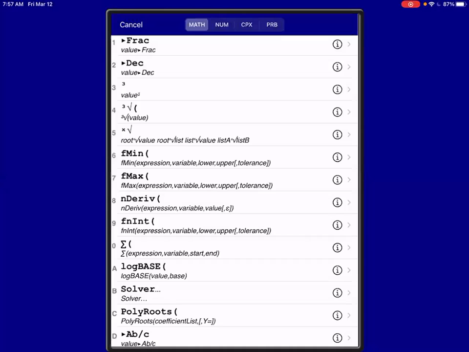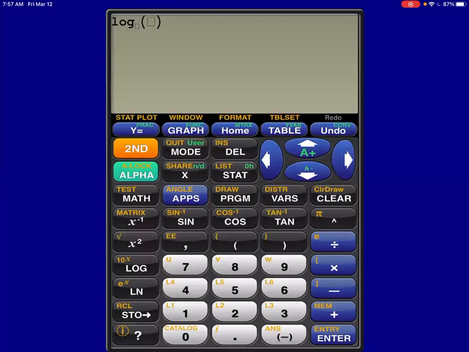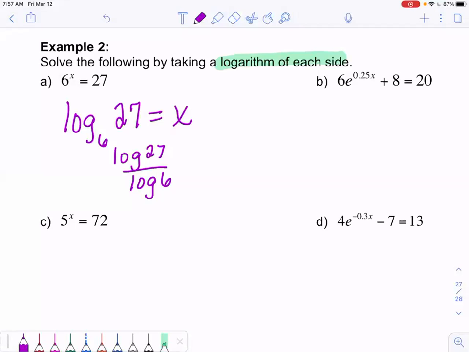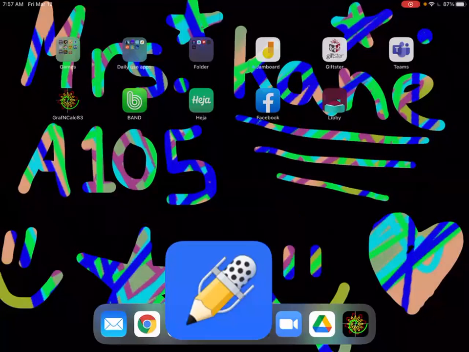Go to math, hit the log base, and we have the log base 6 of 27. There's no way around not using the calculator in this problem. So again, log of 27 over the log of 6, that's what the calculator is really doing.